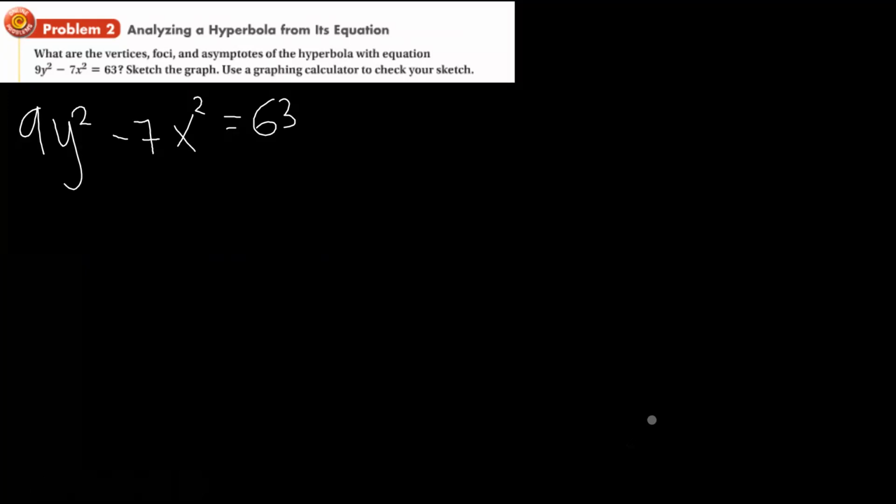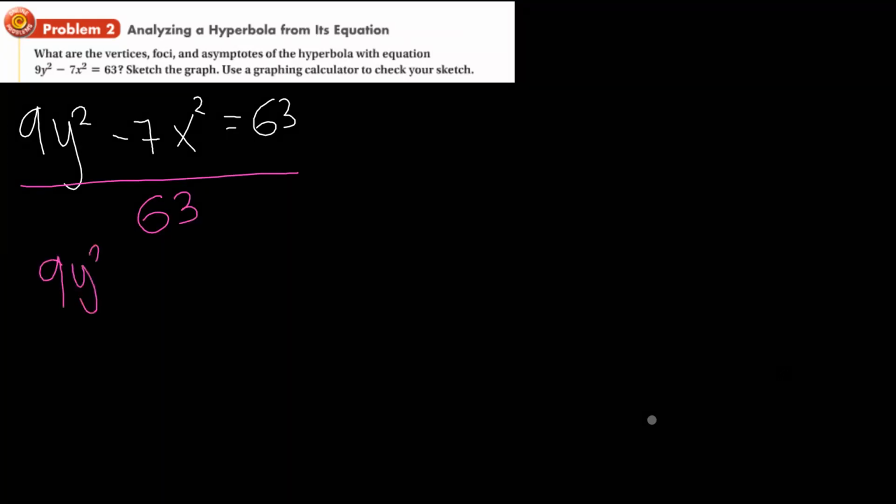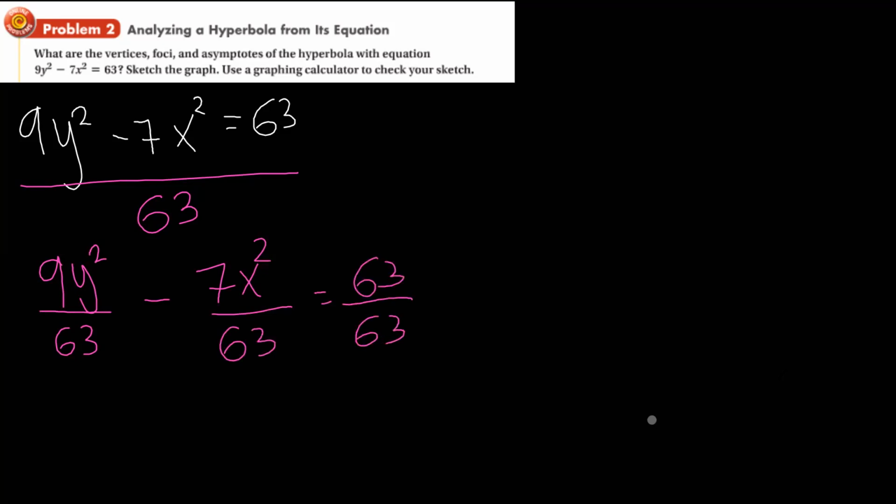But as you see, it is not in the standard form. To make it in the standard form, I should divide by 63. So it comes like 9y squared over 63 minus 7x squared over 63 equal 63 over 63. I just distribute the 63 on each term.